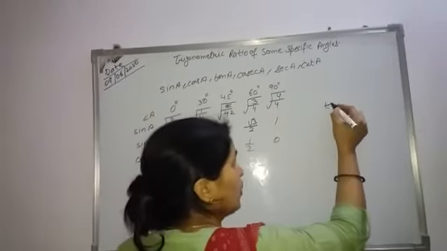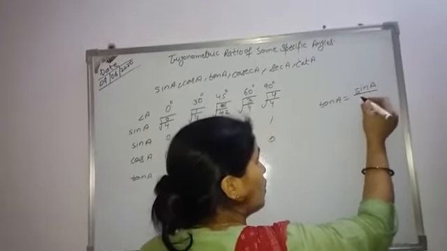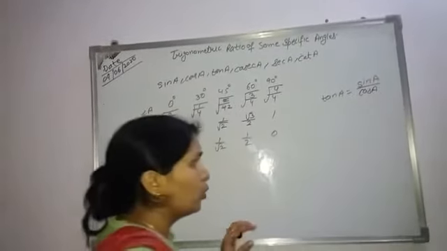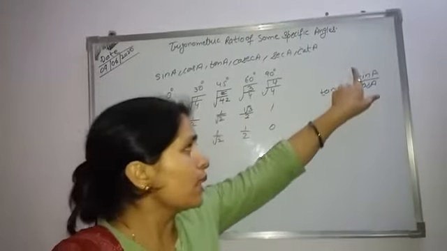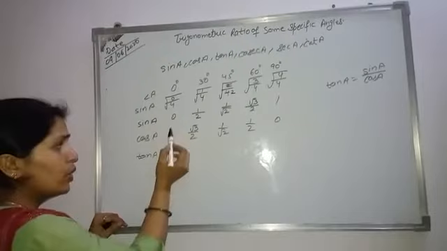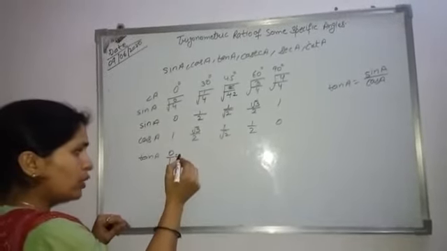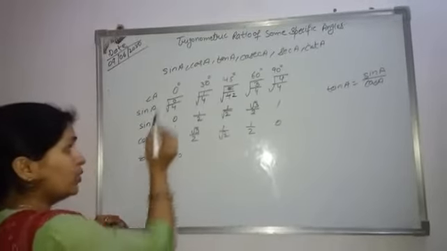Tangent A value is always equal to sine A divided by cos A. Okay, now this ratio is equal to sine A divided by cos A. Sine A value is 0, cos A value is 1. So 0 divided by 1 is equal to 0. So tangent of 0 degree is 0.